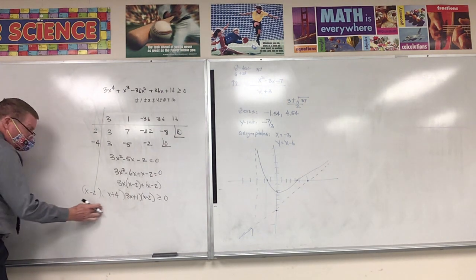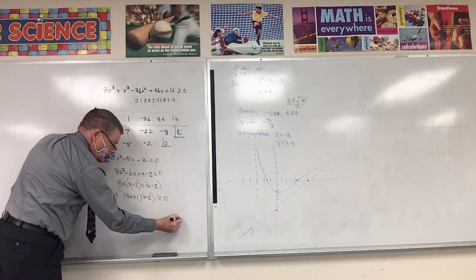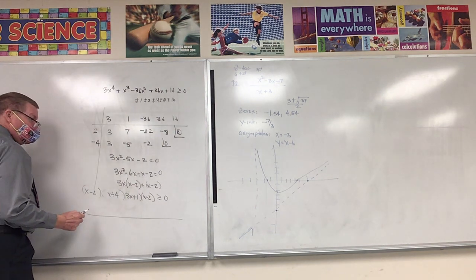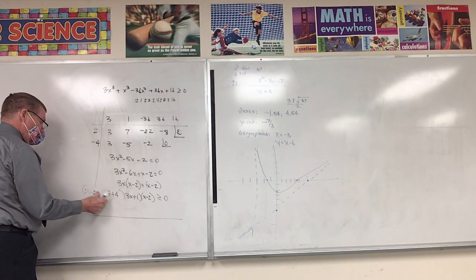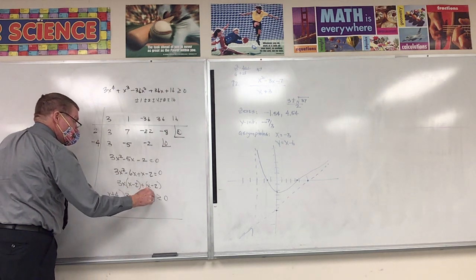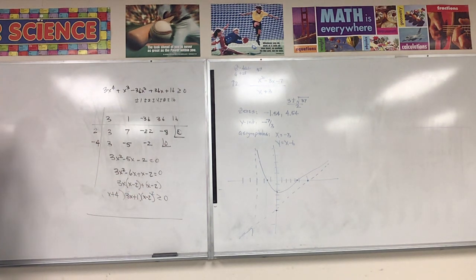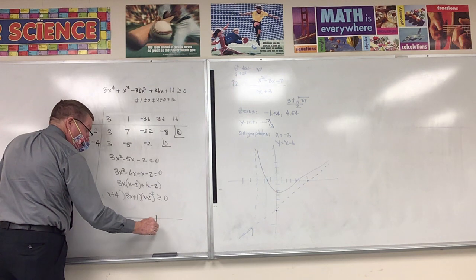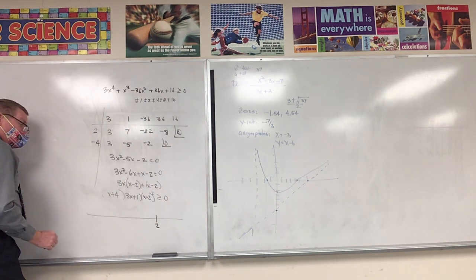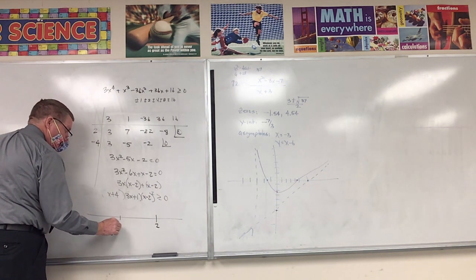Alright, sign chart. What are my zeros? I got x minus 2 there twice. Let's do that. Here we go. What are my zeros? 2. Negative 4.